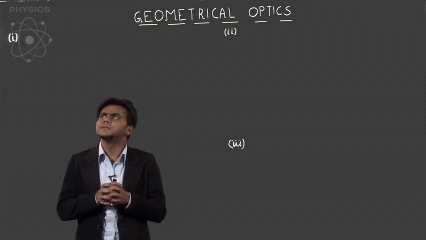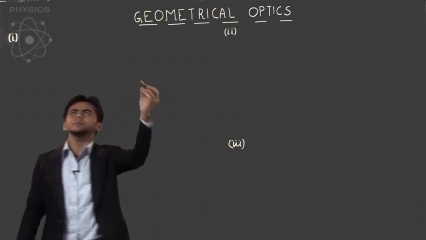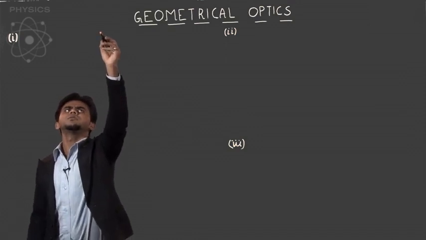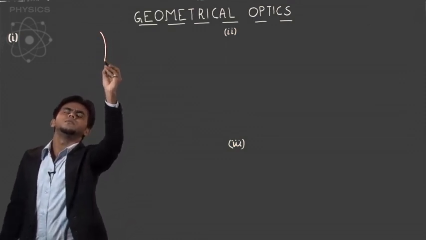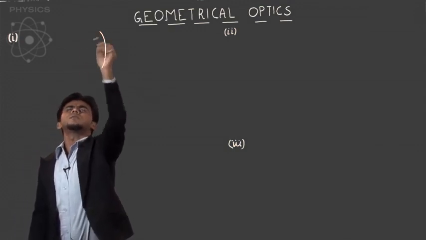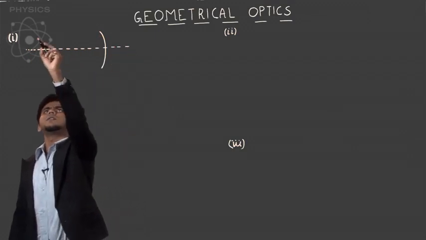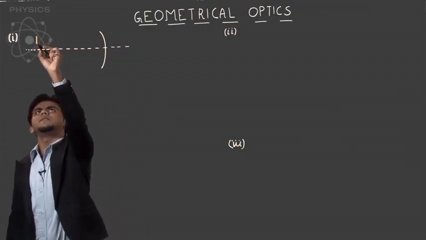The first question says that you have a concave mirror, and I have placed a U-shaped wire here.